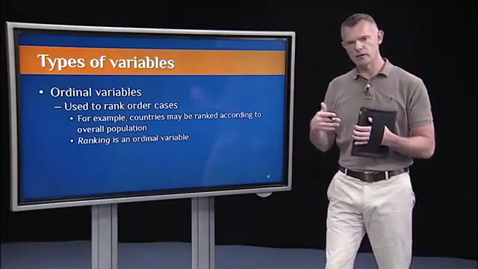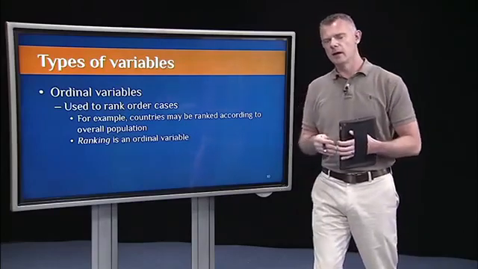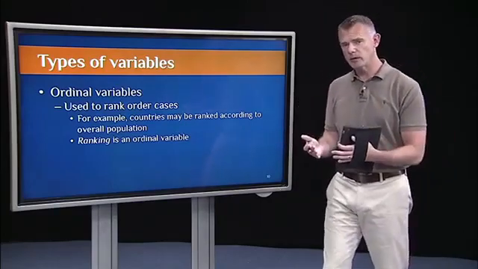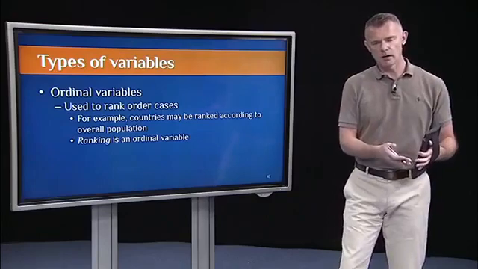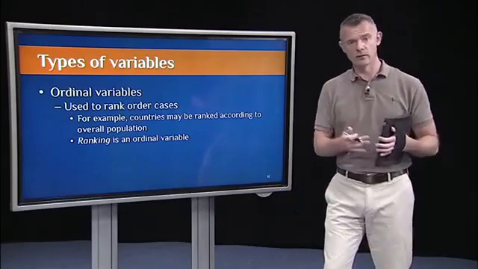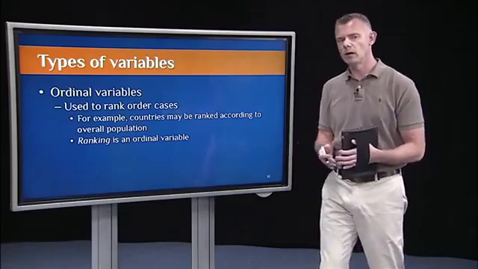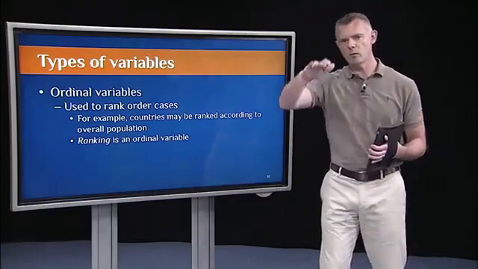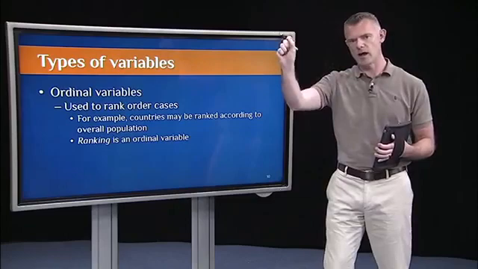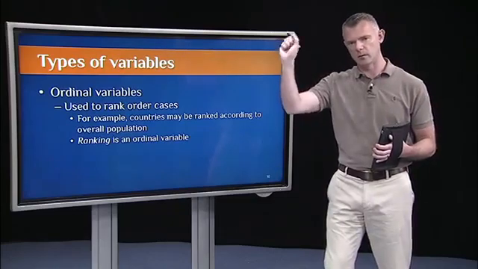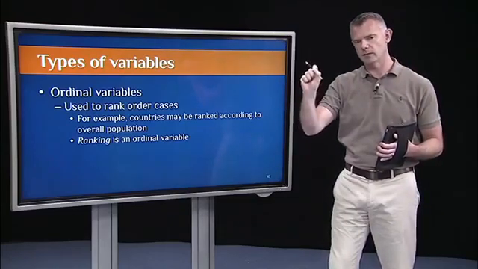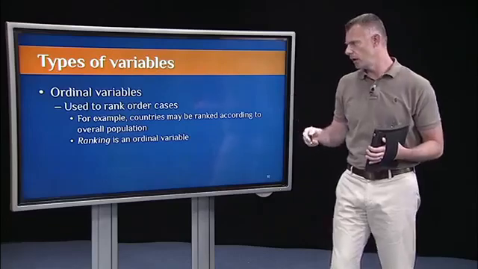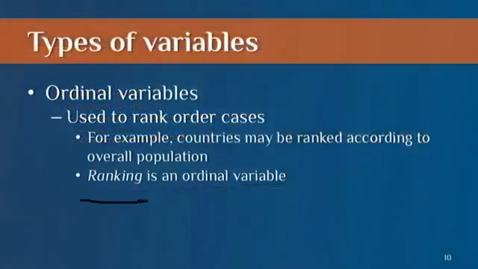So some countries like China, India, have much larger populations than smaller countries, say like France, or a really small country like Luxembourg, have smaller populations. And if I just wanted to rank order them in terms of who has the highest population, they get a number 1, who has the second highest population, they get a number 2, then ranking would be an ordinal variable.